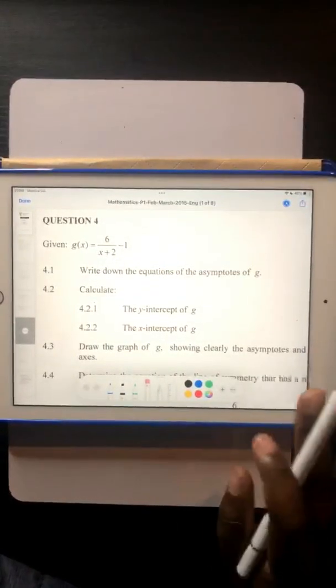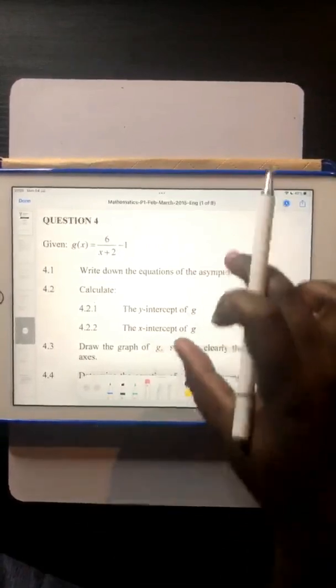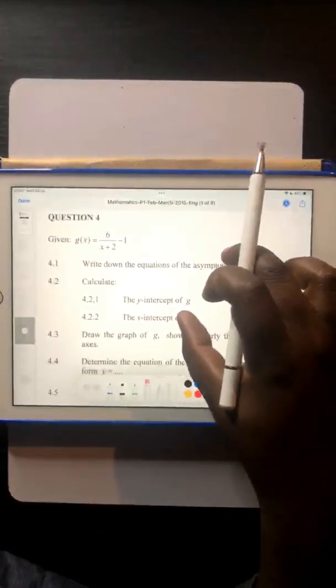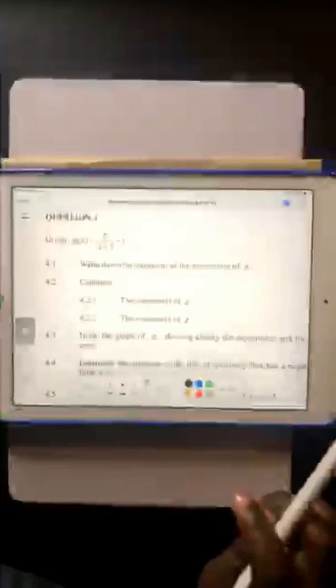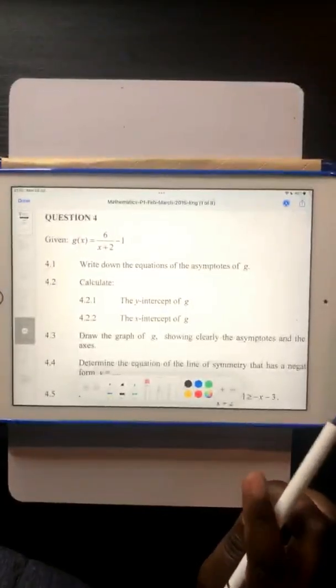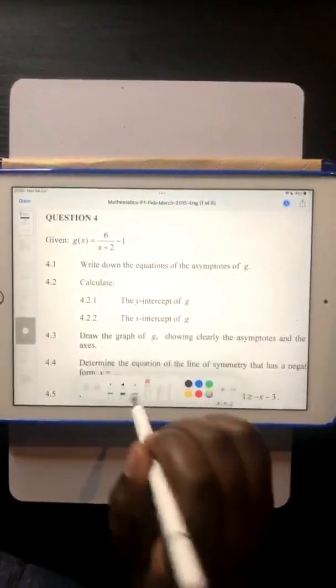For now, we won't be solving this question. It's just to brush through because it's almost over an hour that we spent for today's lesson.